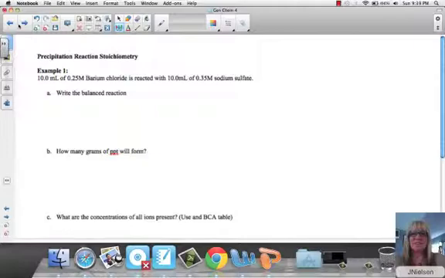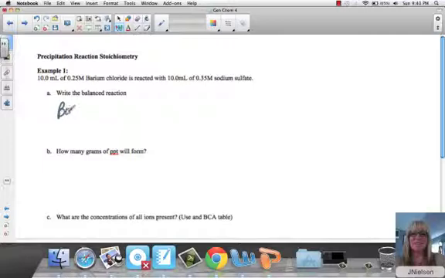Let's do some stoichiometry with precipitation reactions or redox reactions. So here we're starting with 10 mL of 0.25 M barium chloride, and it's reacted with 10 mL of 0.35 M sodium sulfate. So the first thing we have to do is write a balanced reaction.